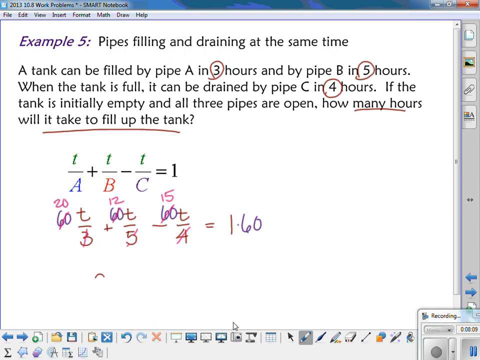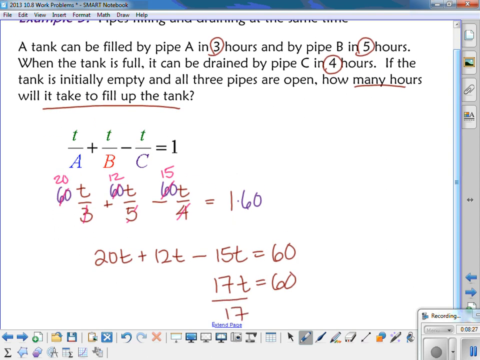So we're left with 20t plus 12t minus 15t is equal to 60. So 20 and 12 is 32, and then when you subtract 15, you get 17t is equal to 60, and we divide by 17. So 17 goes into 60 3 times with a remainder of 9. So it will take 3 9/17 hours to fill it up.